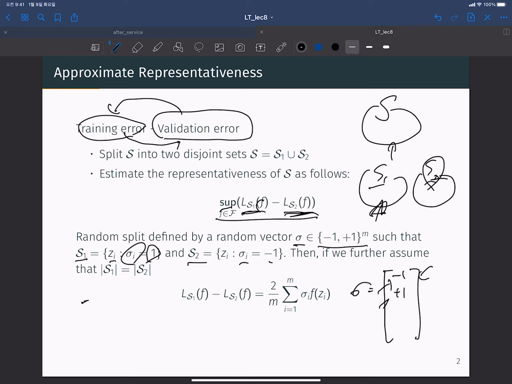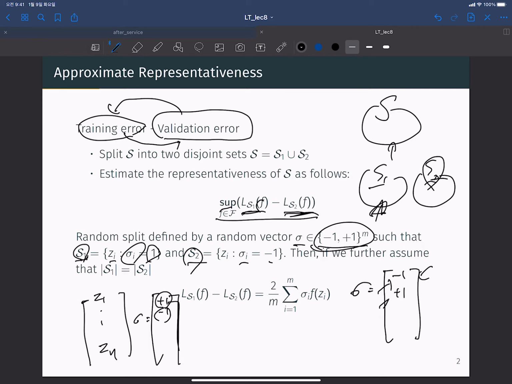So basically we have data points Z1 to Zn, and when we randomly sample sigma from this set, each element of sigma will have either +1 or -1 with probability... I did not define the distribution yet. Anyway, you can define S1 and S2 using the value of each element of sigma.